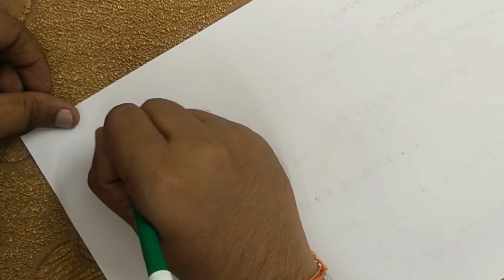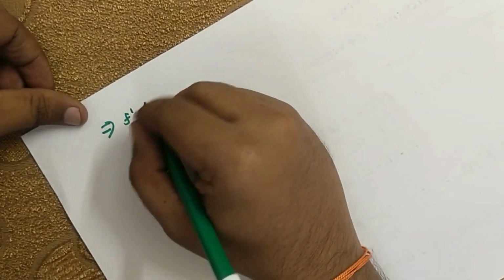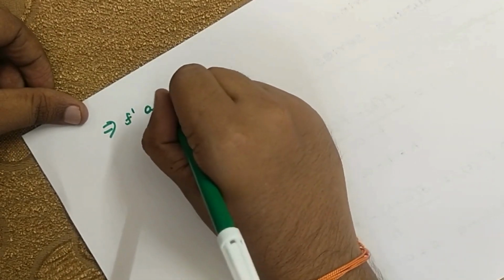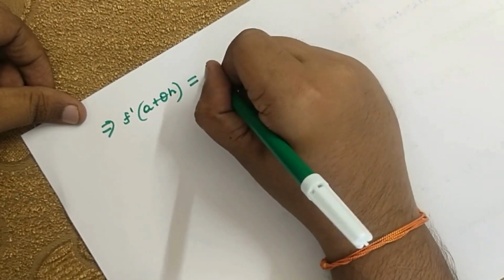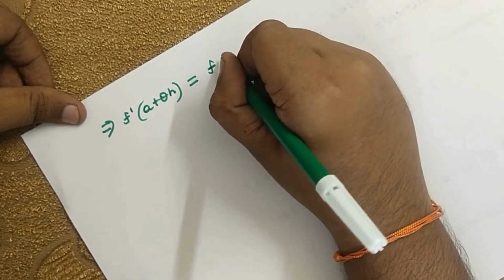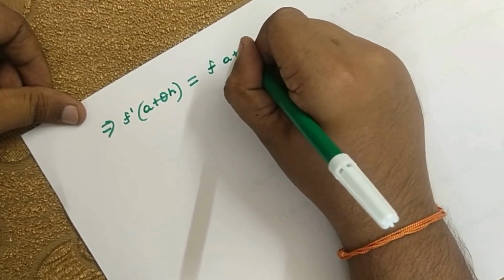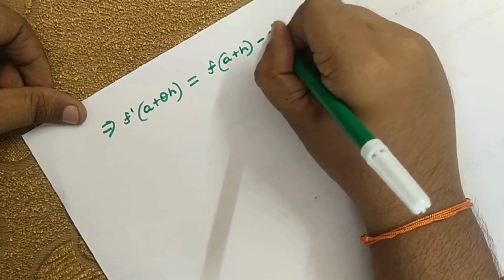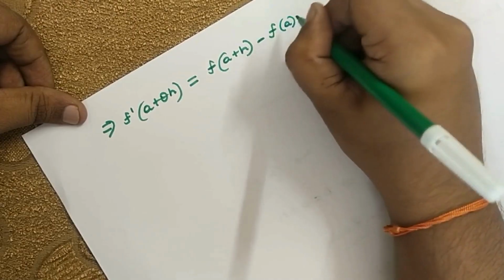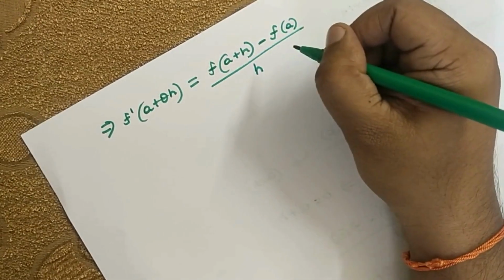So f dash of c, meaning f dash of a plus theta h, is equal to f of a plus h minus f of a upon h, right?